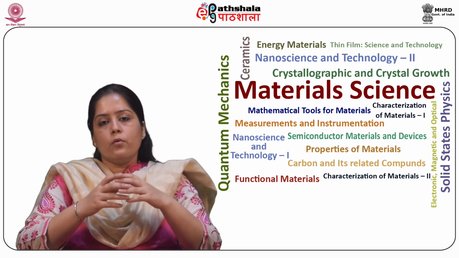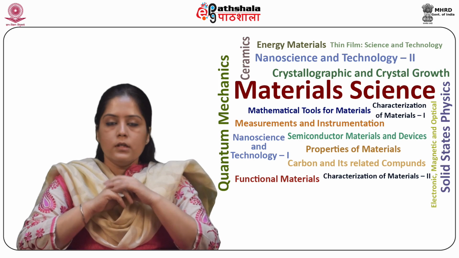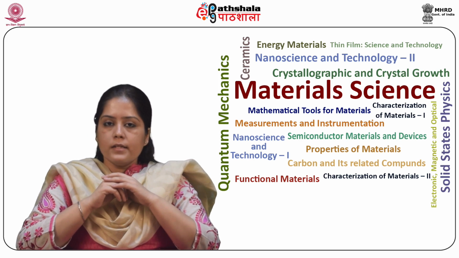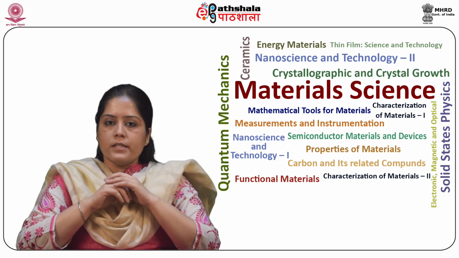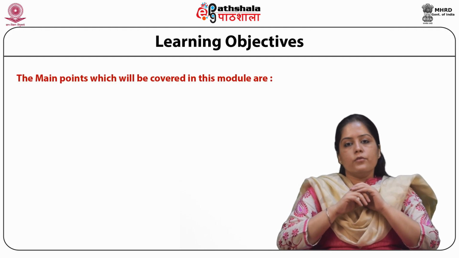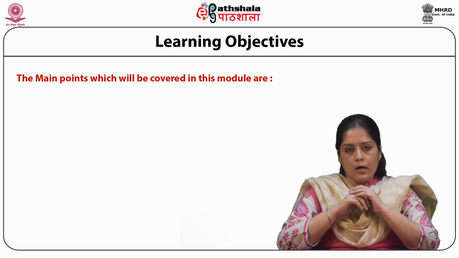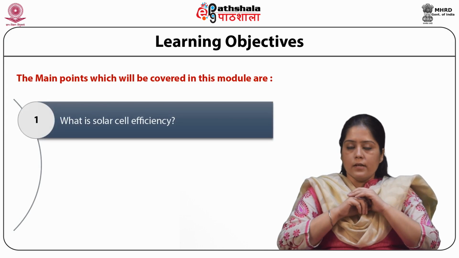Today we are going to discuss the module Solar Cell Efficiency and its losses from the paper Energy Related Materials. The main points which will be covered in this module are: first, what is solar cell efficiency?